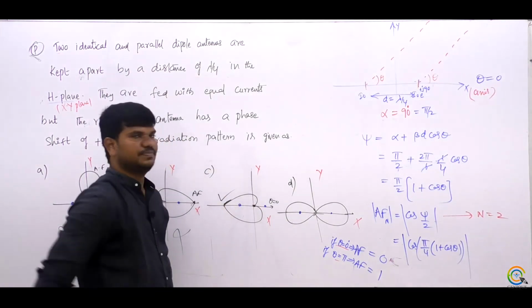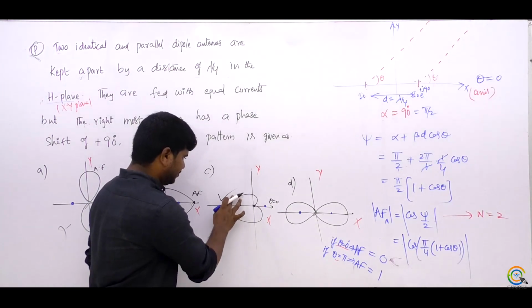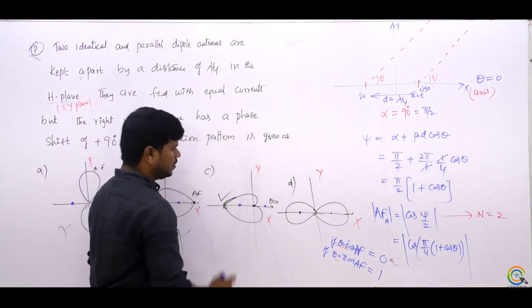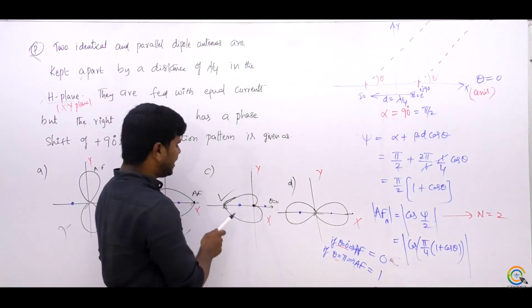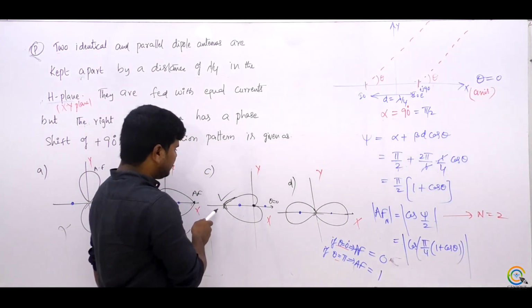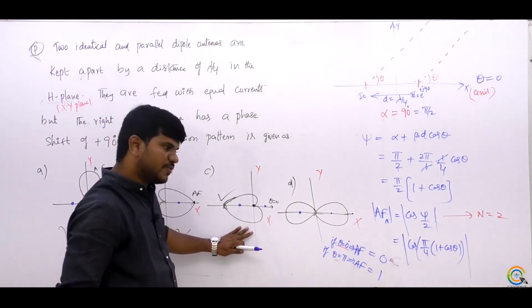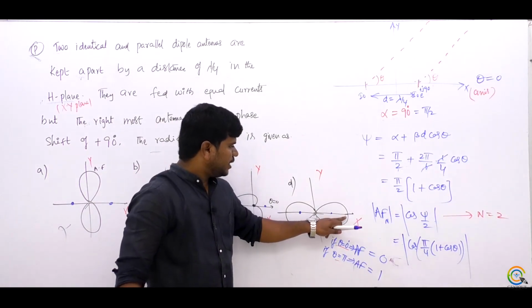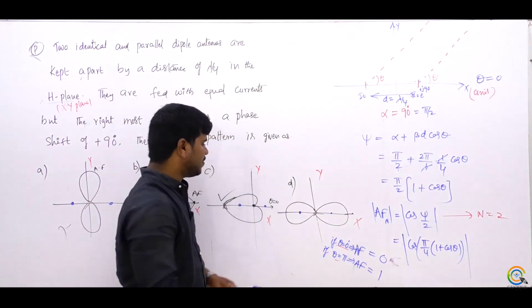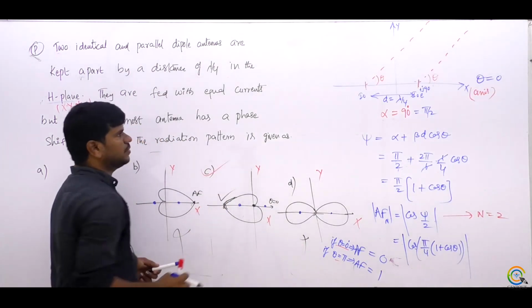So this option is satisfying. Now if you come to one more option, it has a non-zero value at theta 0, so this is also not right. So the answer is this one, option C.